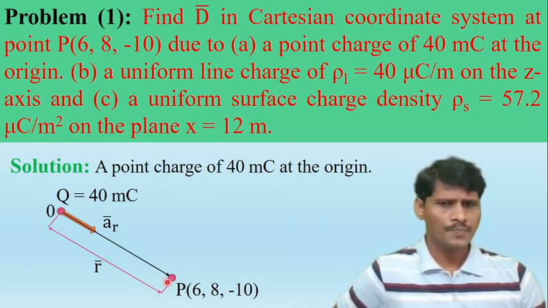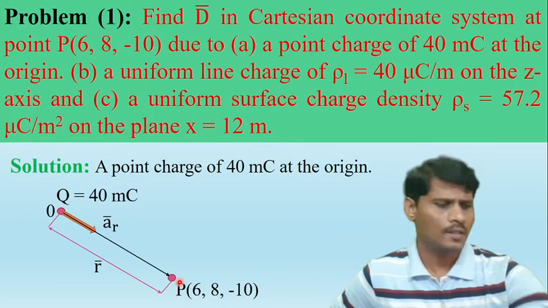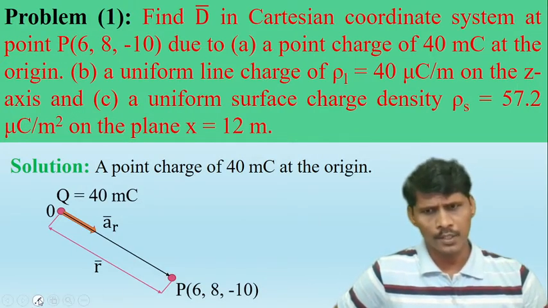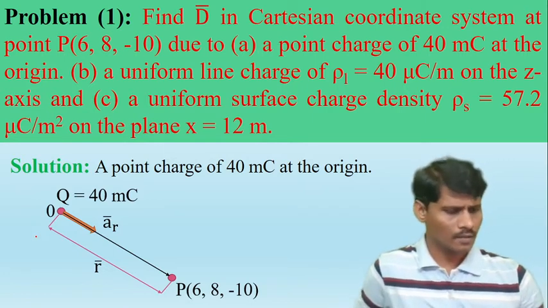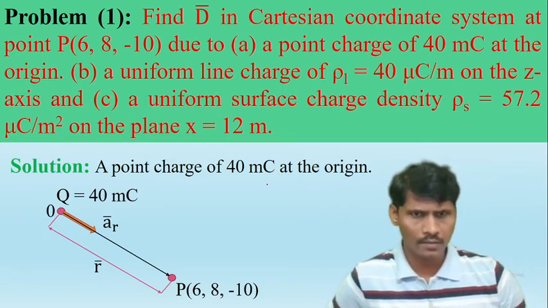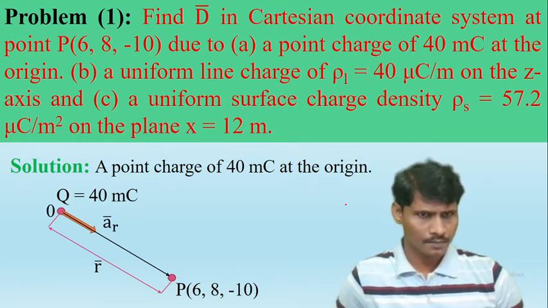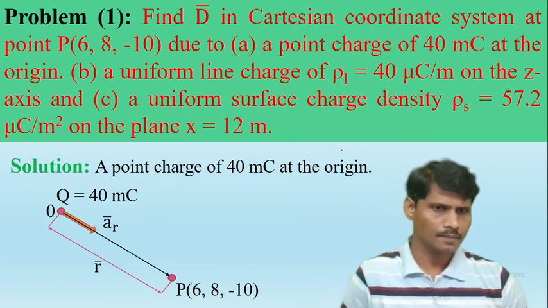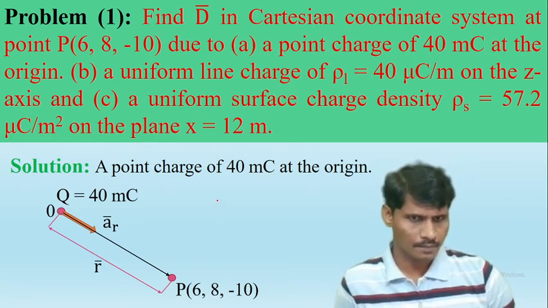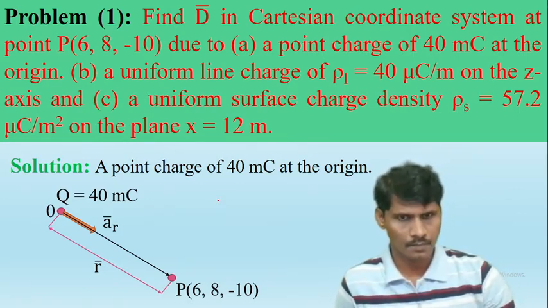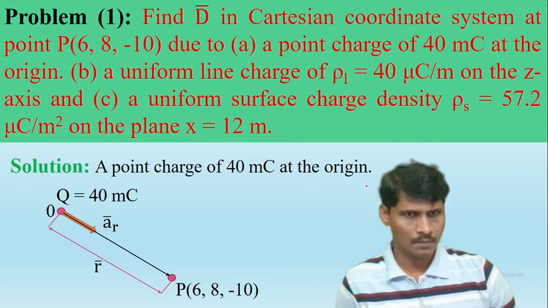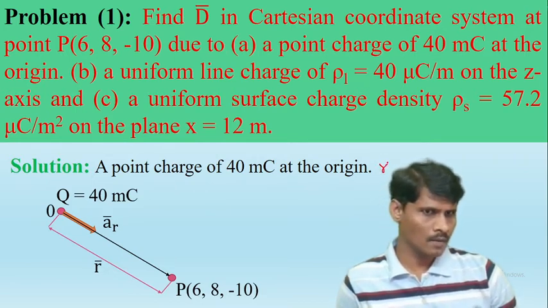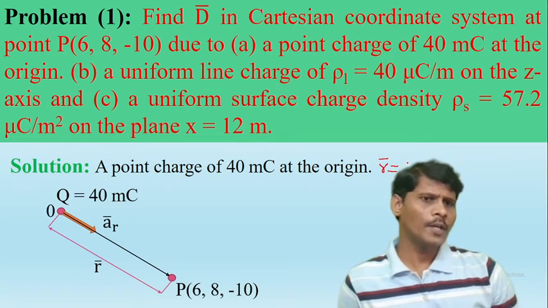The electric flux density is calculated at the point P, so the distance vector r bar is equal to the coordinate point P minus the origin coordinate point.